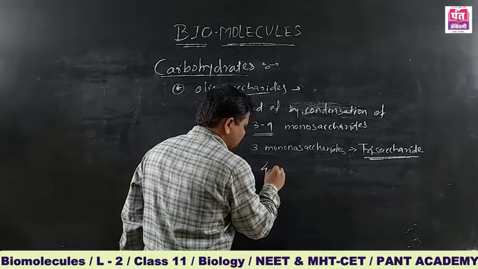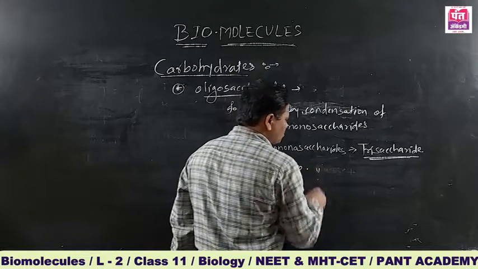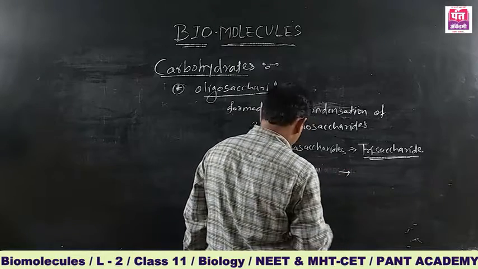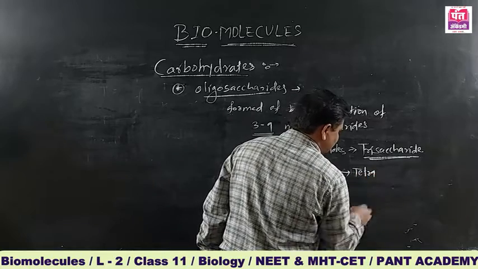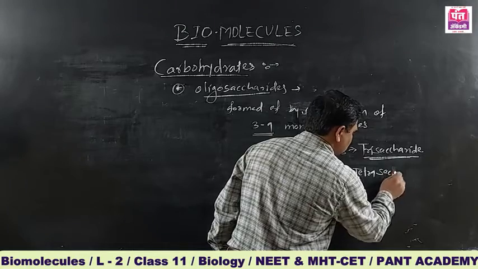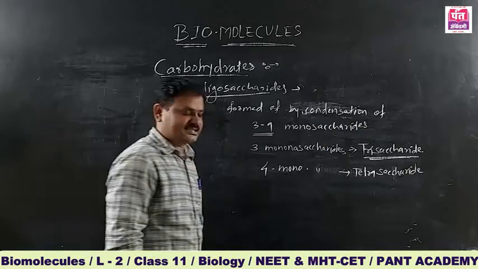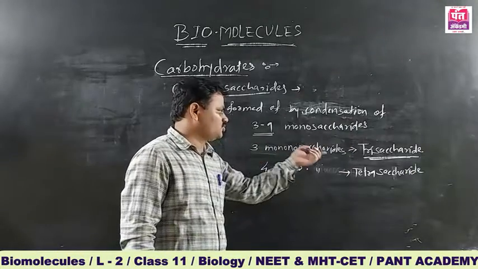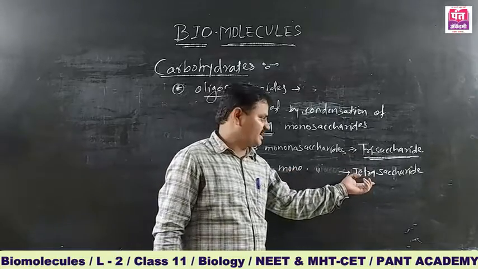If 4 monosaccharides are present, then it is a tetrasaccharide. So 3 monosaccharides, trisaccharide. 4 monosaccharides, tetrasaccharide.